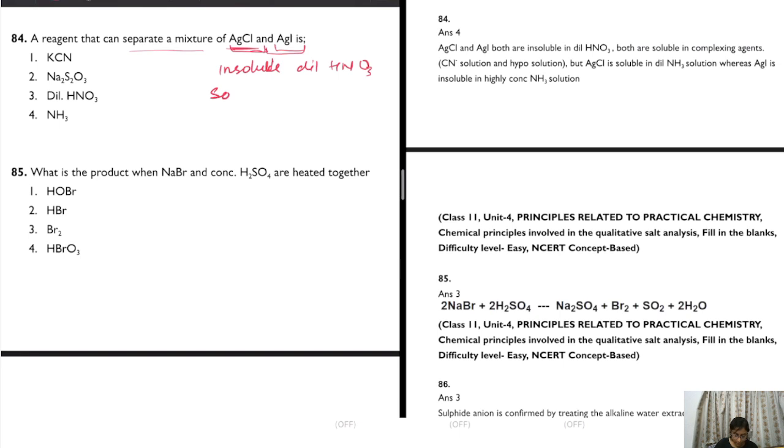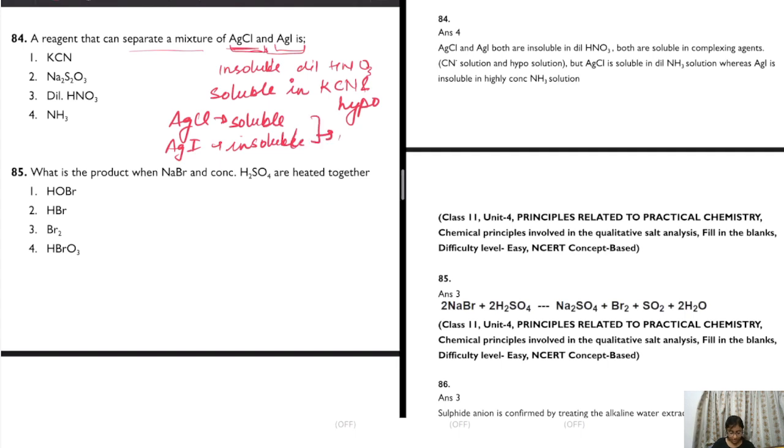And these are soluble in hypo solution. But for AgCl, this is soluble, and AgI is insoluble in NH3 solution. Okay, so the correct answer would be NH3.